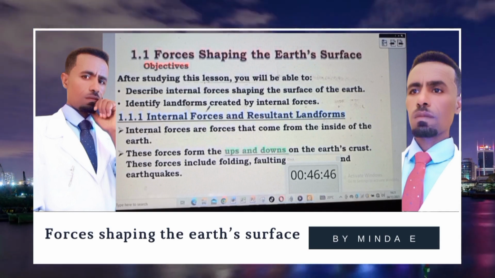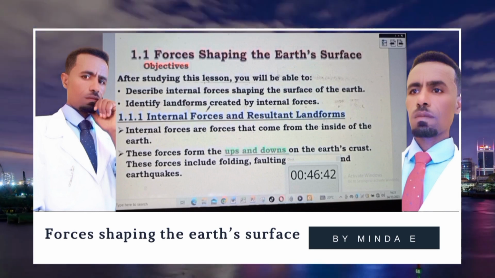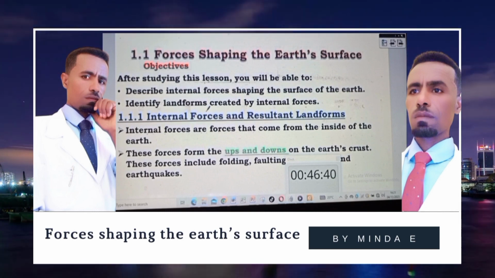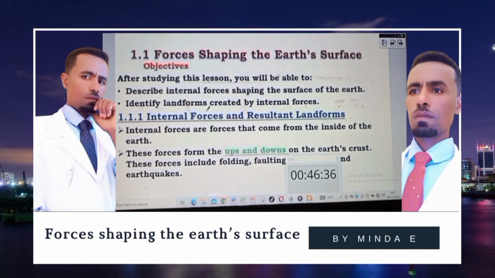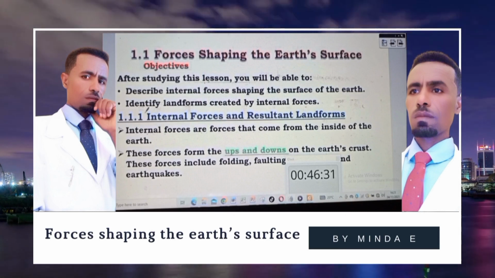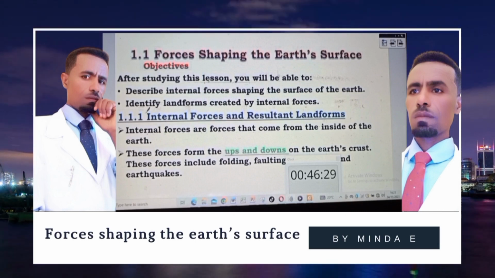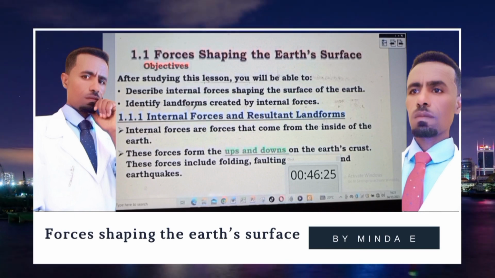So after studying this lesson, you are expected to describe internal forces that are shaping the surface of the earth, and also identify landforms created by these forces, what we call internal forces.